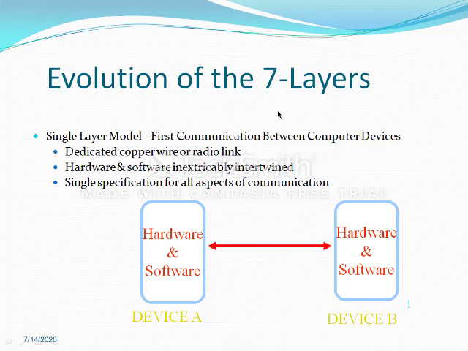We'll see the evolution of the 7-layer model. Single layer model, the first communication between computer devices. This is a single layer, only one layer. Hardware and software, device A and device B. The communication is between these two. This is bidirectional, from this side to this side or this side to this side.